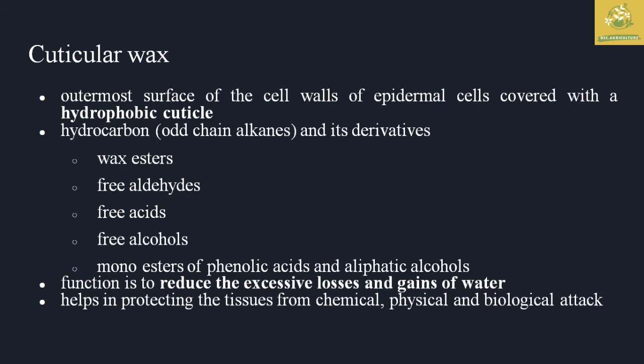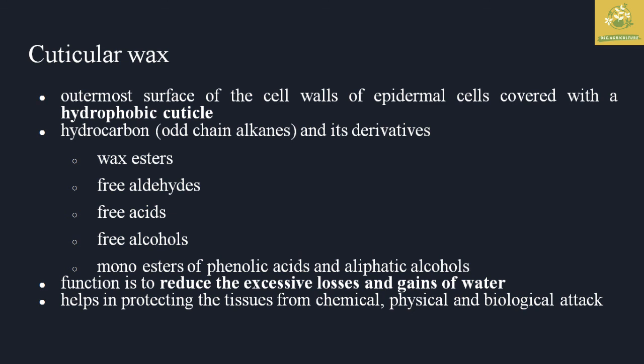The next one we are going to see is cuticular wax, which is found in the outer cells of the epidermis, in the hydrophobic cuticle, and consists of hydrocarbons, odd chain alkanes and their derivatives, wax esters, free aldehydes, free alcohols as well as monoesters of phenolic acid and aliphatic alcohols.